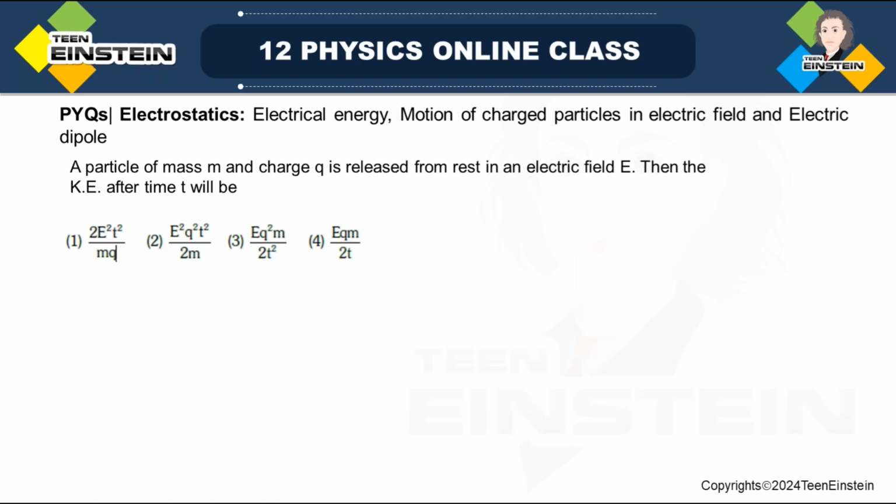So what is this problem saying? This problem is saying that a particle of mass m and charge q is released from rest in an electric field E. Then what is the kinetic energy after time t? A particle of mass m, charge q is released from rest. Okay.